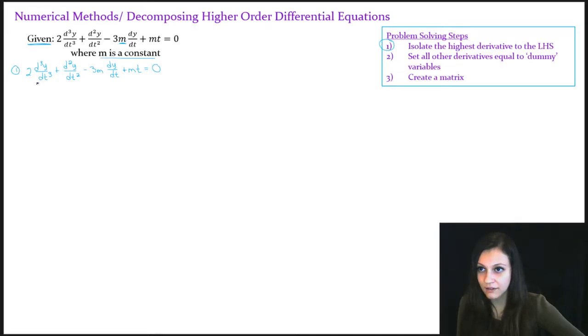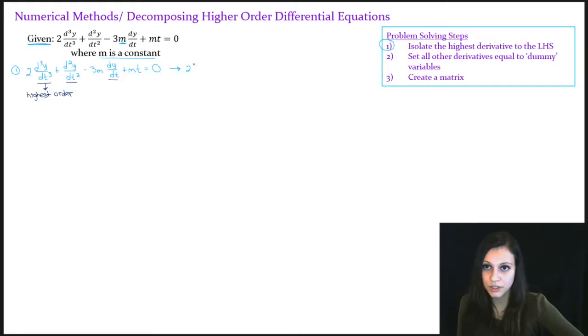So let's see, we have a third order, a second order, and a first order derivative. So the third order is our highest order derivative. So we're going to want to isolate it to the left-hand side of the equation. So I'm going to move everything else over to the right-hand side.